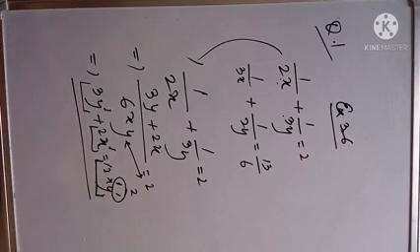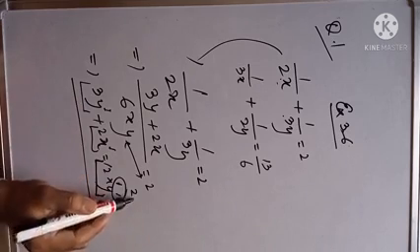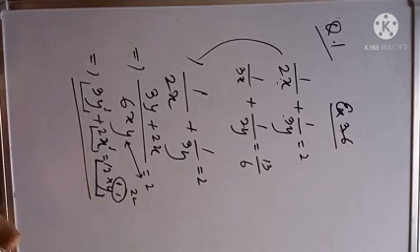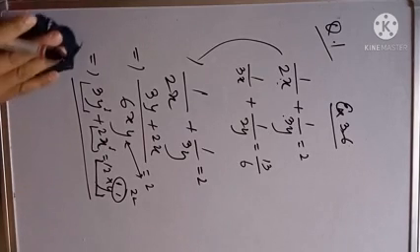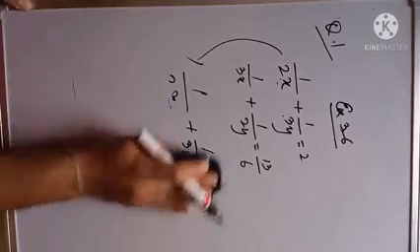The biggest power here is 2, so the degree is 2. Degree 2 means it is not a linear equation. Therefore, the question says first change them into linear equations, then solve. Let me explain how we are going to start solving this kind of question.